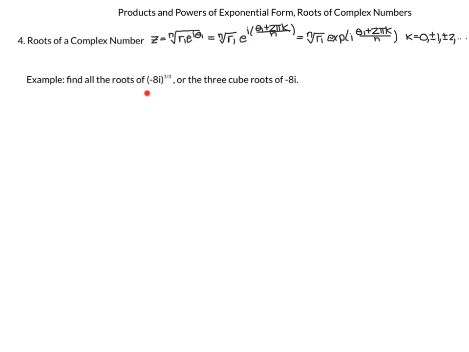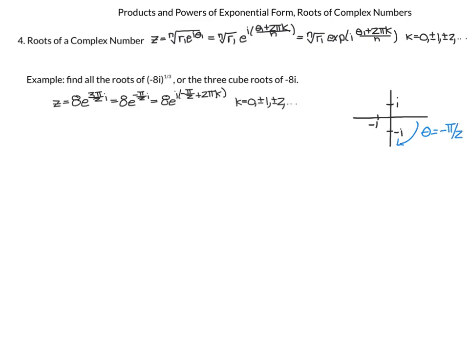Our first example is to find all the roots of negative 8i raised to the 1/3. That is, we want to find the three cube roots of negative 8i. The first thing we want to do is express our negative 8i in exponential form. So let's just take a look at negative I, and negative I corresponds to the angle where theta is equal to negative pi over 2.